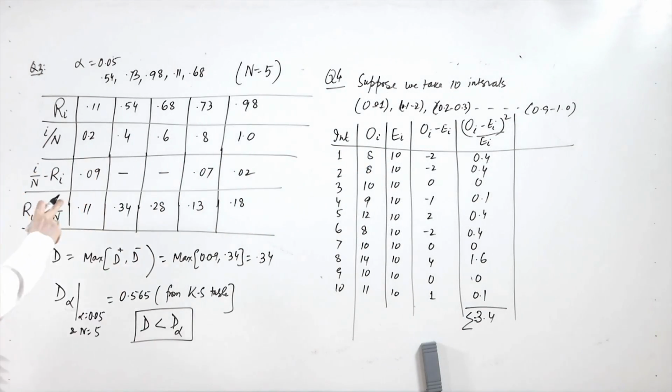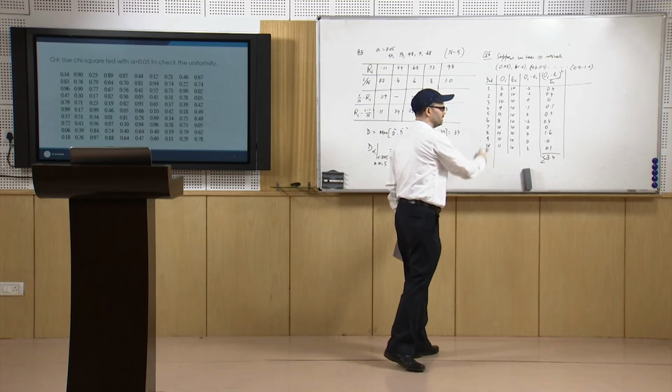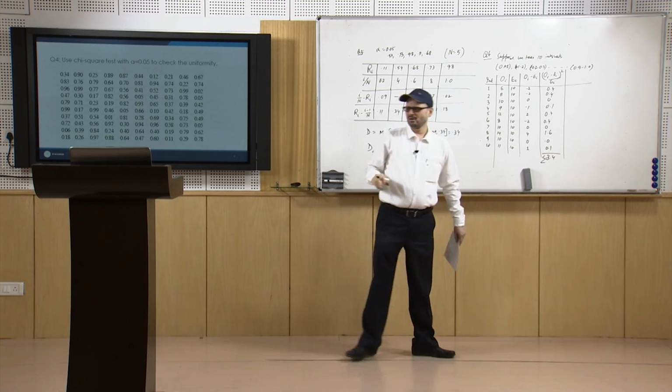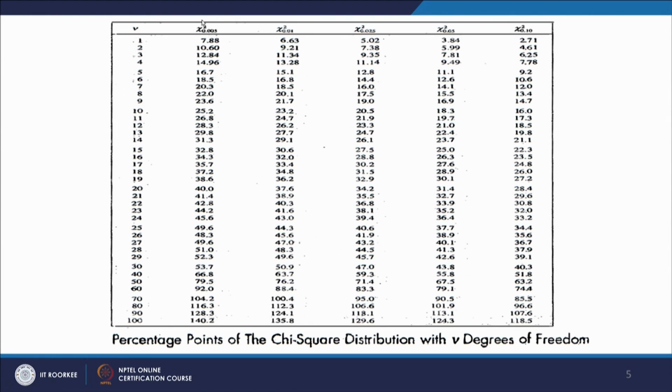Now this is the chi-square value for this sample. Now we have to look at the table. In the table we look at 0.05 and the degree of freedom, because we have 10 intervals, the degree of freedom will be 10 minus 1, which is 9. Corresponding to this, the value is 16.9.